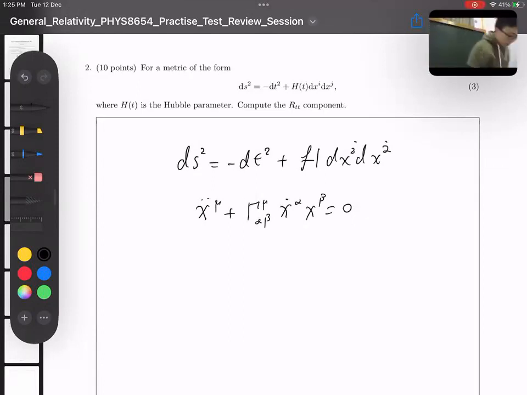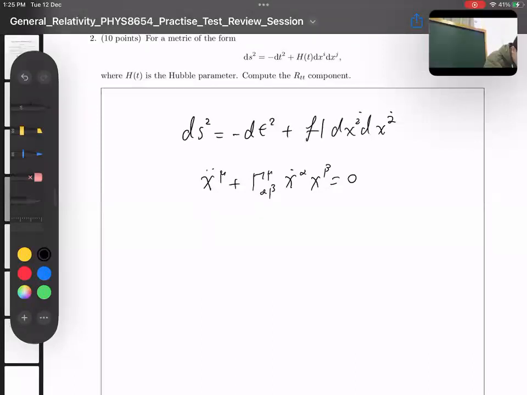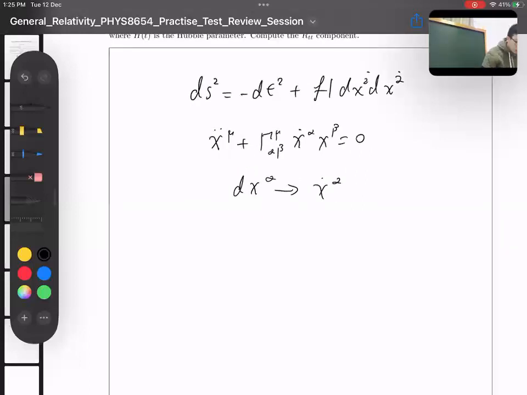So how do you do this? You can just write anything like this as a Lagrangian. You convert dx alpha to x dot alpha, and then you use the Euler-Lagrange equations. So the Lagrangian is just minus t dot squared plus h, and then x dot i plus x dot j.